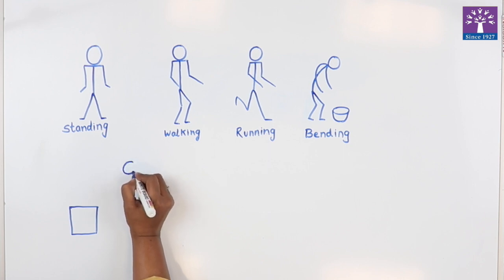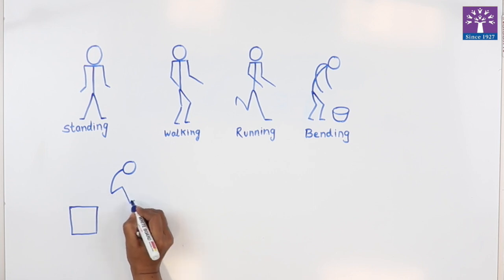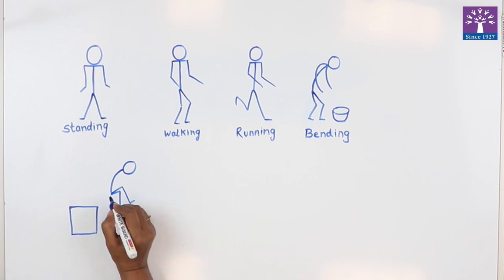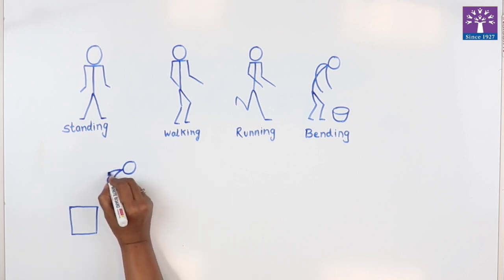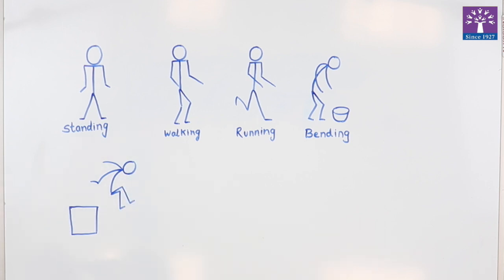So we will draw a head which is slightly lower. Your back will be bending. Your feet are also bending. See, you've just jumped. And your hands. There. Doesn't it look as though this stick figure is jumping down from the box? So this is jumping.